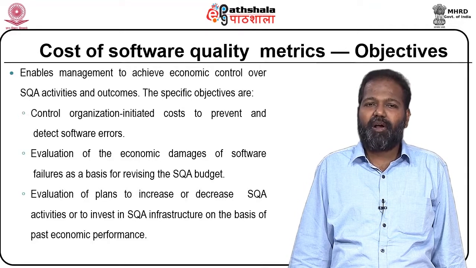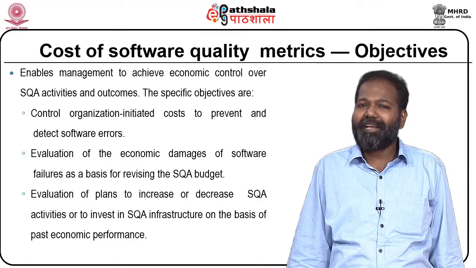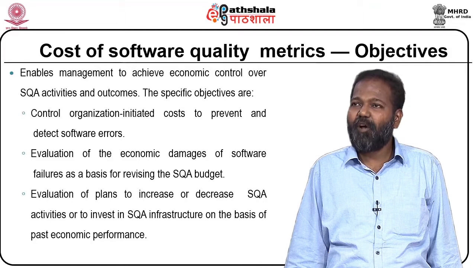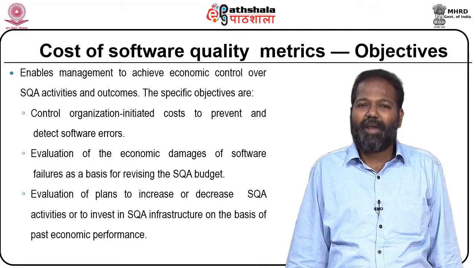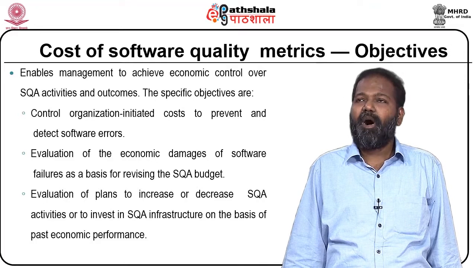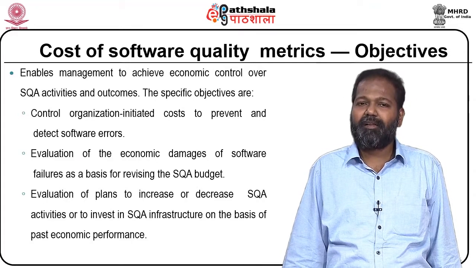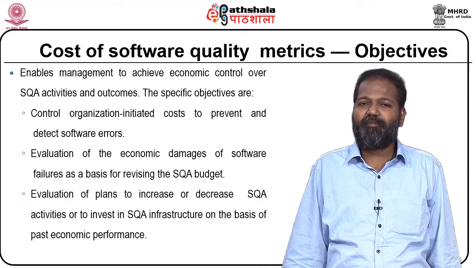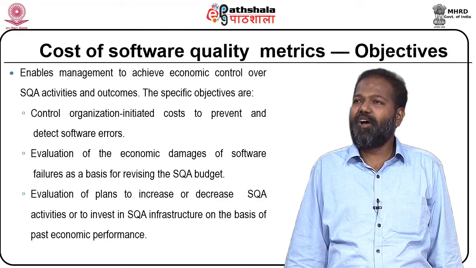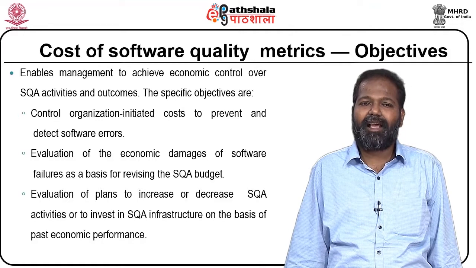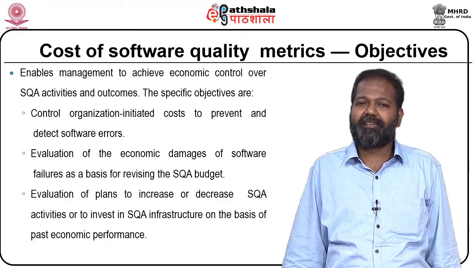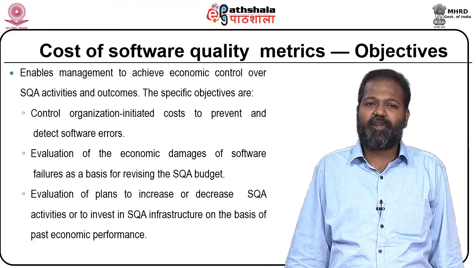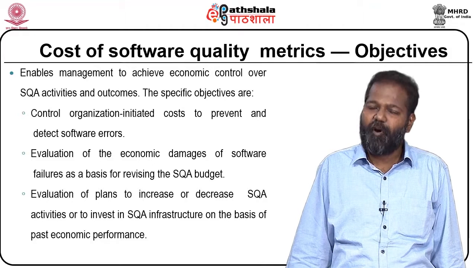The major objectives are: control organization initiated costs to prevent and detect software errors, evaluation of the economic damages of software failures as a basis for revising the software quality assurance budget, evaluation of plans to increase or decrease software quality assurance activities or to invest in software quality assurance infrastructure on the basis of past economic performance.